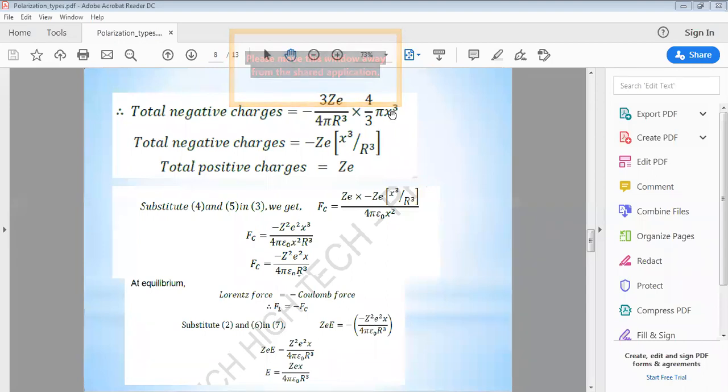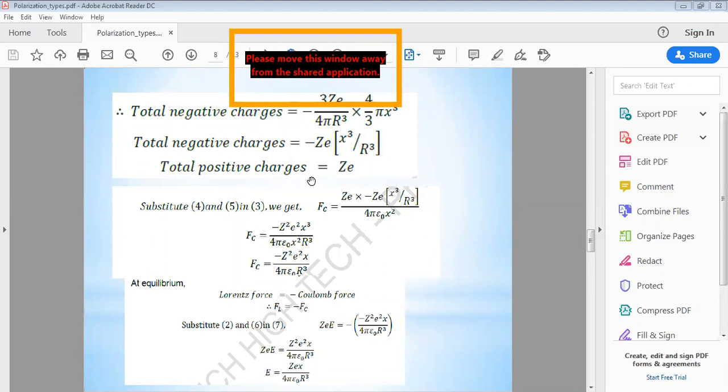X is the distance of separation between your positive charge and the electron cloud. If I simplify, the 4 pi and 4 pi will get cancelled, 3 and 3 will get cancelled. So the total negative charge is minus Ze x cube divided by r cube.